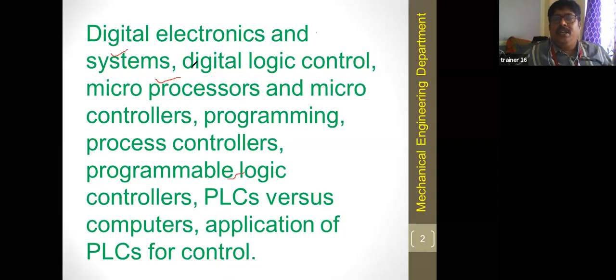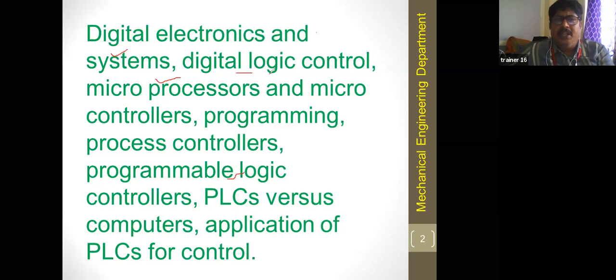Digital electronics and digital systems. And digital systems means computers. Digital electronics we already studied. Now the systems means digital systems, that means computer systems, digital computer systems.